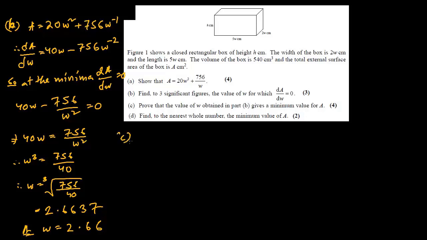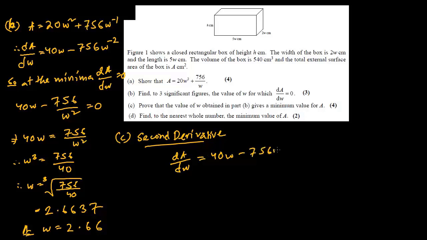Question number C, we have to prove that the value of w that we found would give the minimum value of A. So whenever we have to prove that, we use the second derivative, meaning the derivative of the derivative. So the first derivative was dA by dw equals 40w minus 756w to the power minus 2.